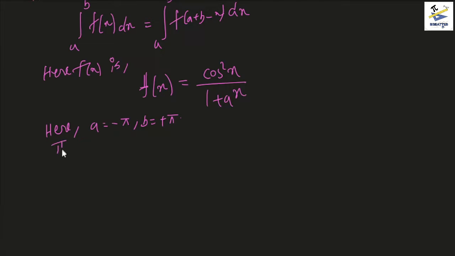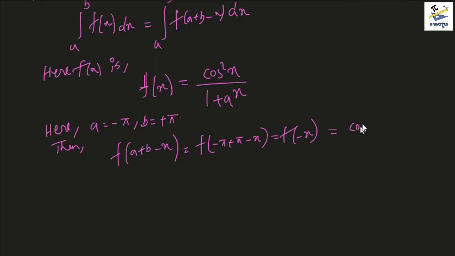Then f of a plus b minus x is simply f of minus pi plus pi minus x, which is f of minus x, and f of minus x should be equal to cosine square of minus x divided by 1 plus a to the power minus x.